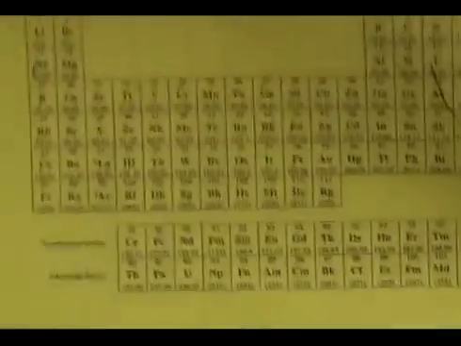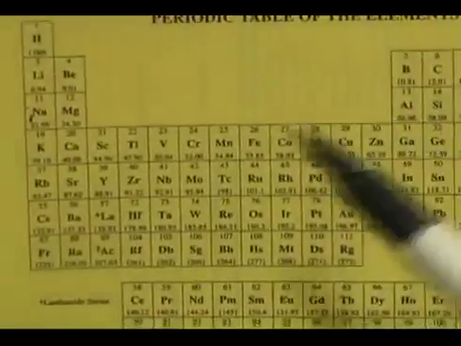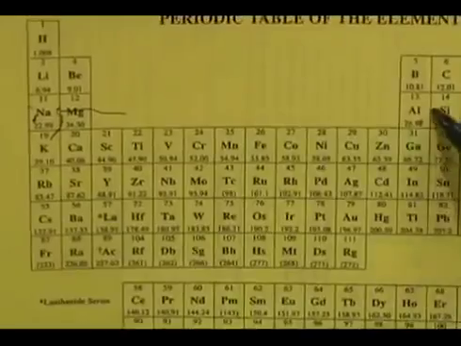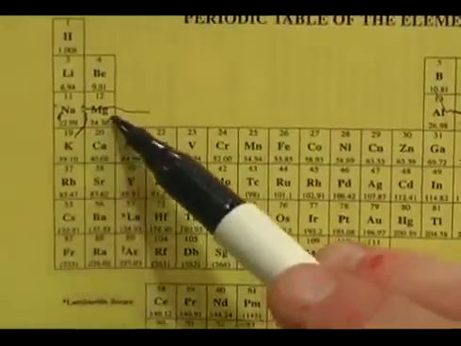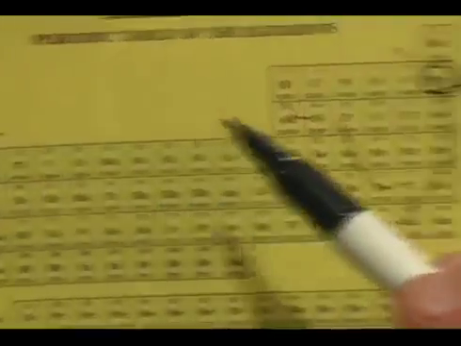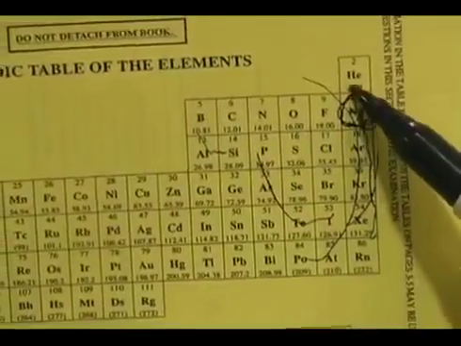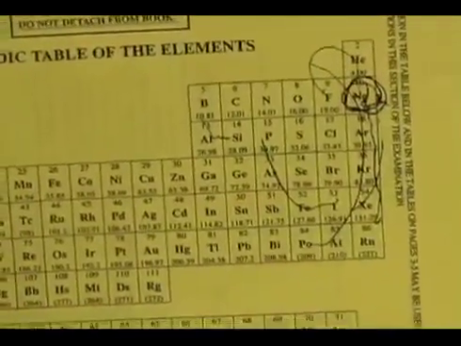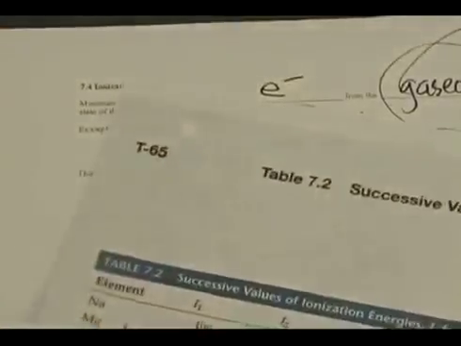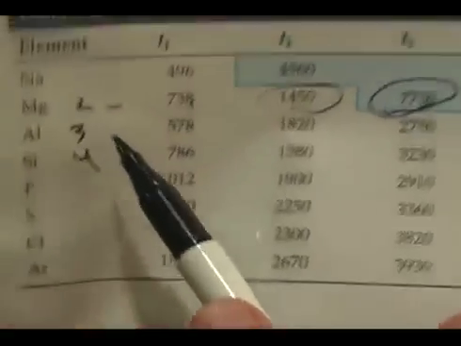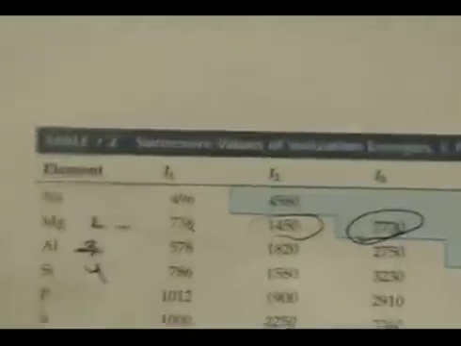If you know it's in period 3, aluminum loses 1, loses 2, loses 3, and looks like neon. The fourth ionization energy is going to take a quantum leap, and you would have guessed correctly if you said that one was aluminum. So take a look at Table 7.2 in your textbook.